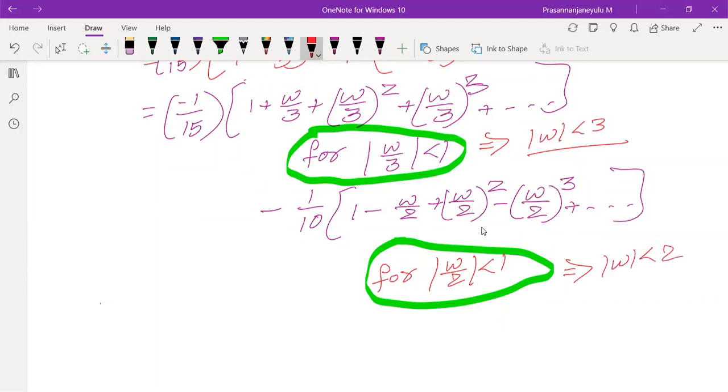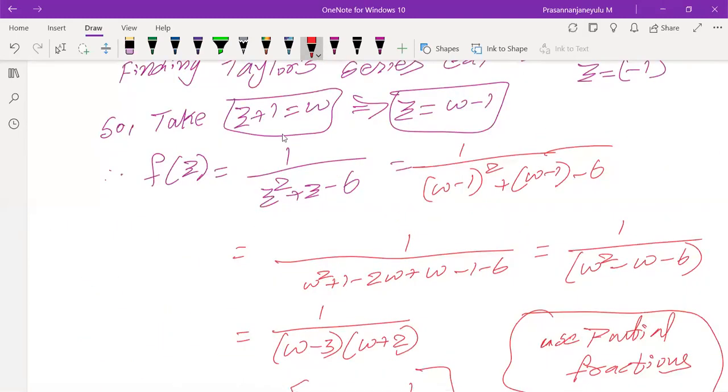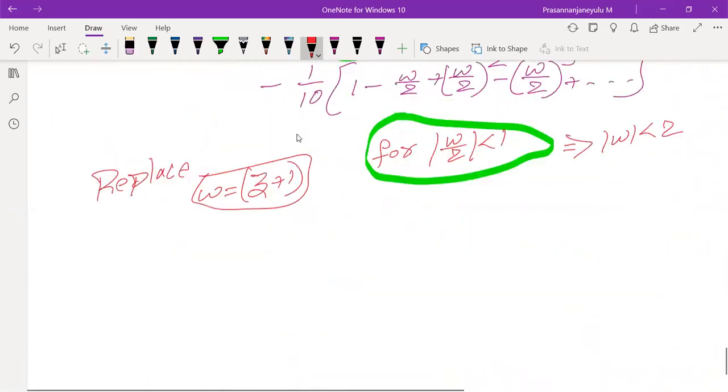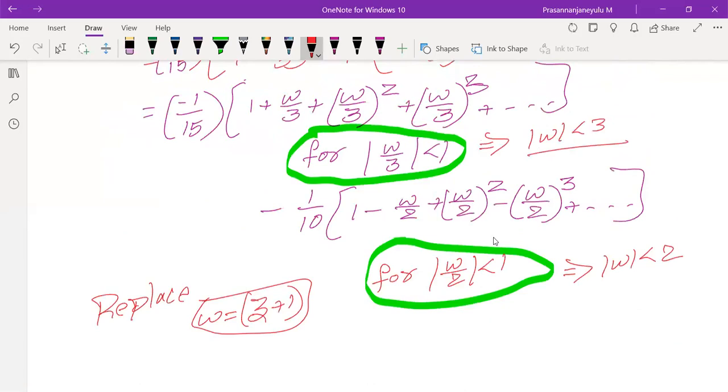Now replace w with what we considered, z plus 1 equals to w we consider. Check it out. About z equals to minus 1 we are finding. Yes. z plus 1 equals to w. That w I am replacing. Replace w equals to z plus 1 here. So if we replace this, what we are going to get?